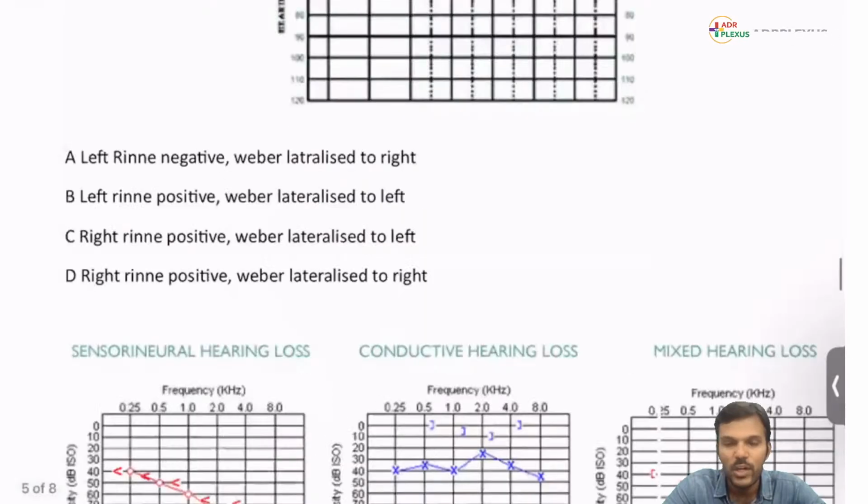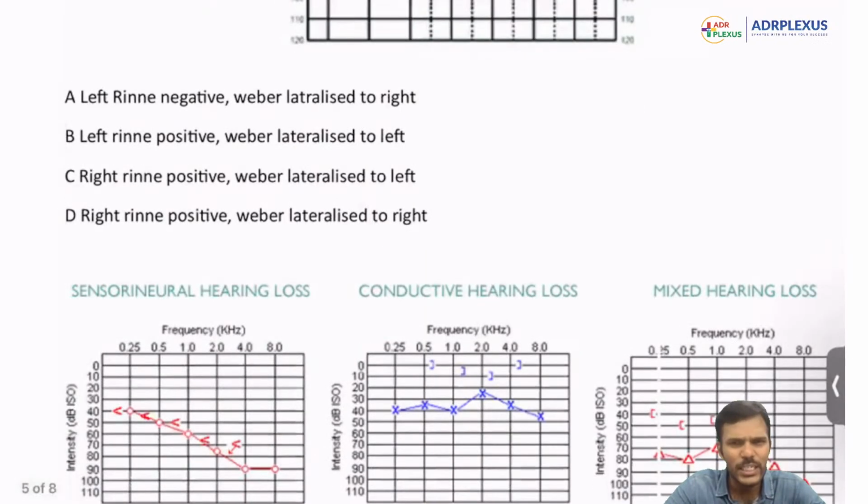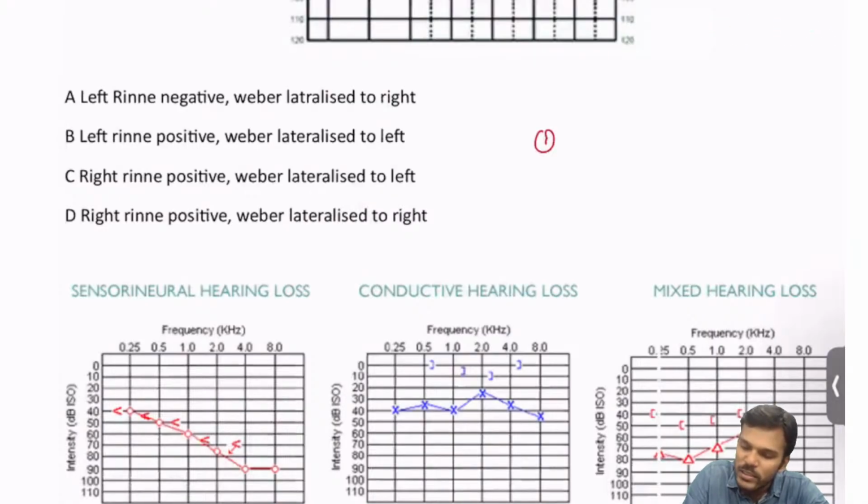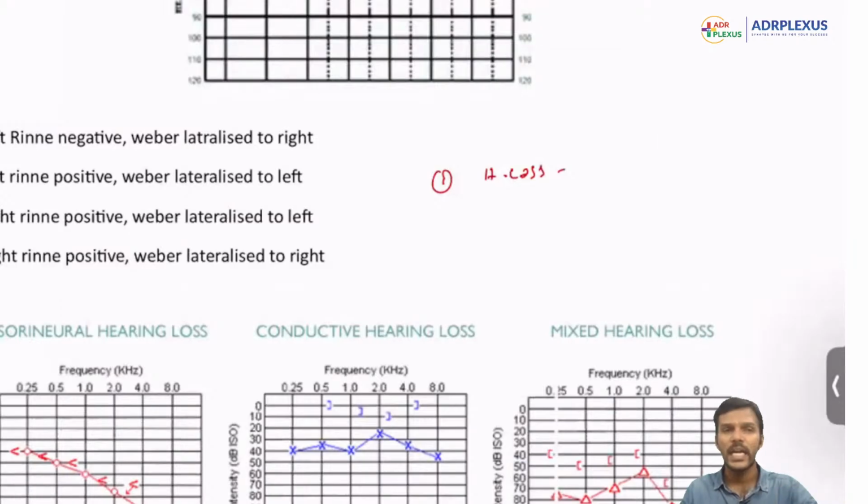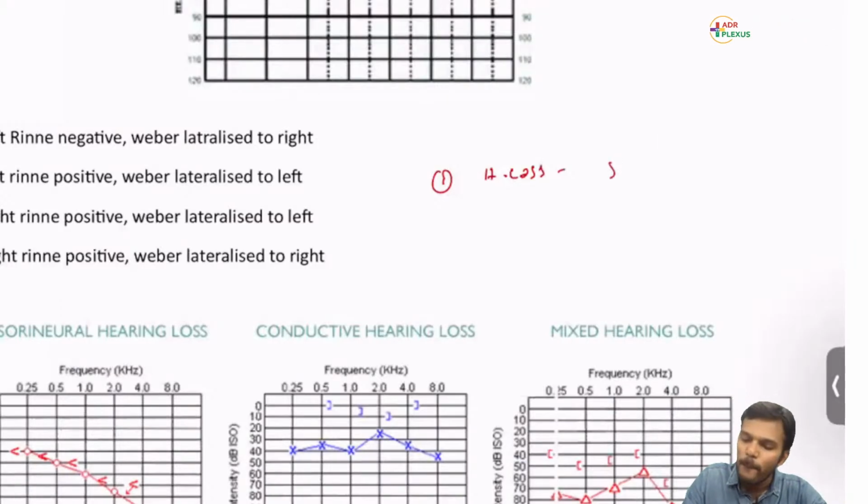See, first we'll start with the audiogram. I will tell you 3 thumb rules for audiogram. Thumb rule number 1: hearing loss is there if there is a curve, any curve, be it a bone conduction curve or an air conduction curve, any curve more than the 25 decibel range is hearing loss.